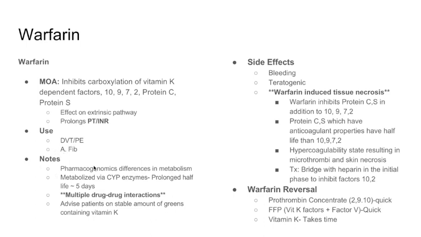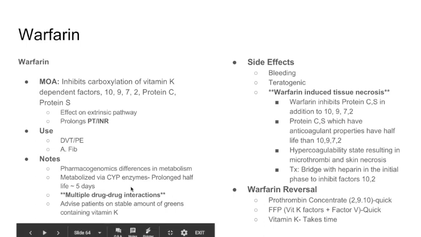Notes on warfarin: there are pharmacogenomic differences in metabolism. What do I mean by that? There are differences from person to person, based on genetics, in how they metabolize the medication. It's one of the most studied medications in pharmacogenomics. It is metabolized via CYP enzymes, the liver enzymes, and it has a prolonged half-life.